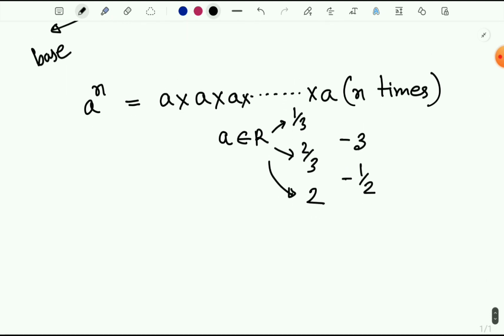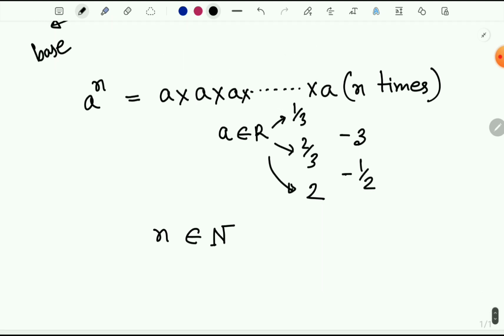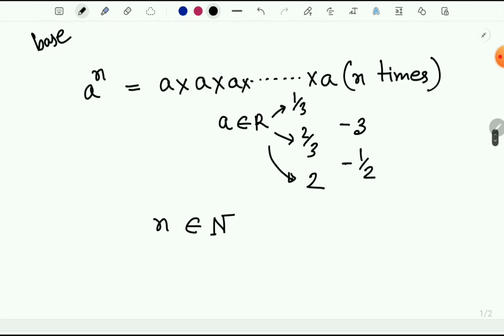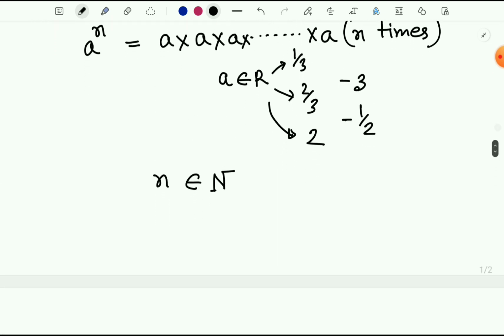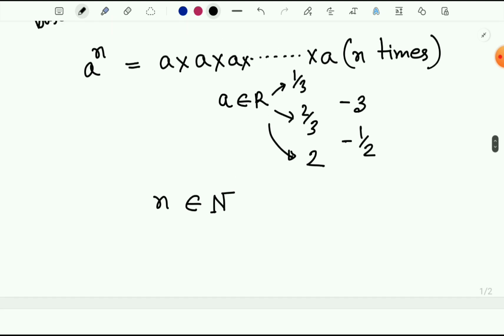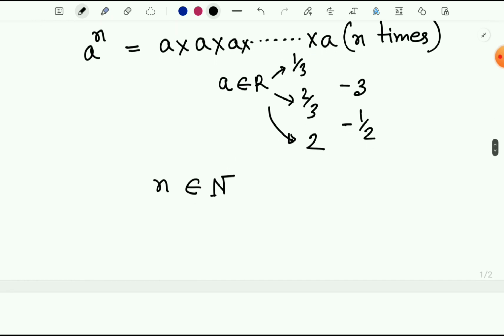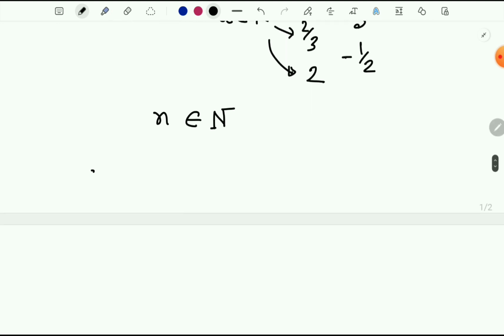How about n? n belongs to the natural numbers. So in this particular case, we are not considering negative numbers, fractions, or decimals, only natural numbers. Yes, of course, there are some special cases. Let's say when a power 0 is not a natural number.